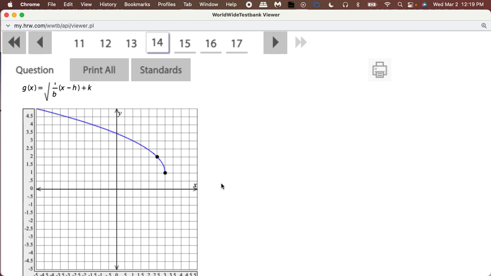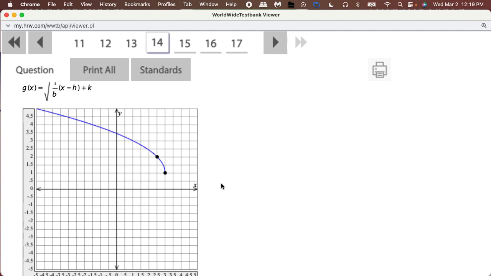So here, this is 3, 1, and this goes down 2, run 1, which is down. It really goes down 1, run a half, but if you go down 2, run 1, that's an easier idea to see.